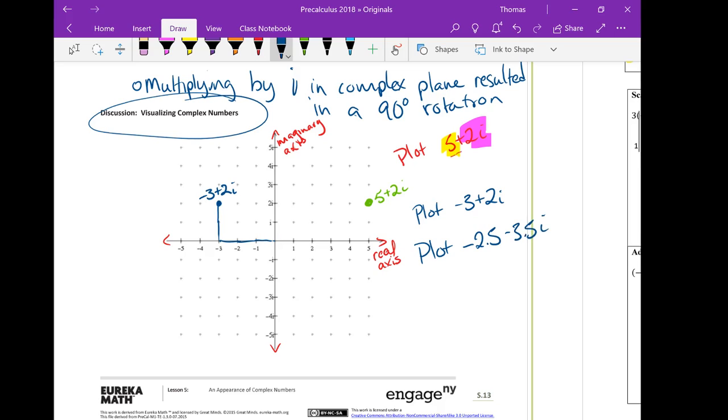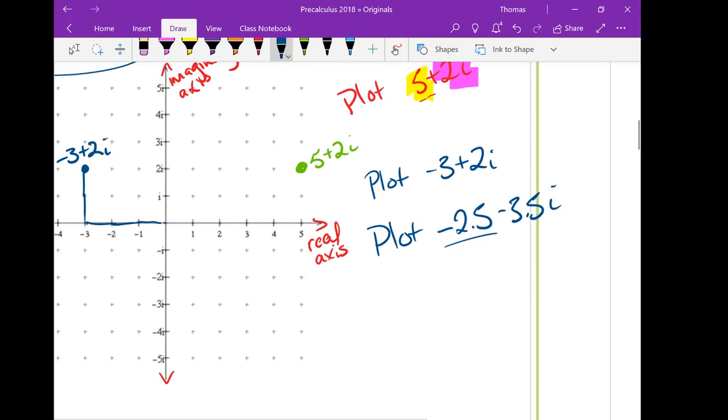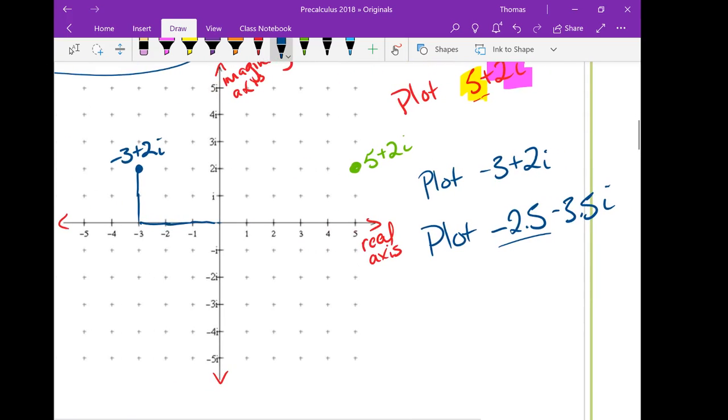So I'm going to go to my real axis first. Real part is negative 2.5. So start at 0, negative 1, negative 2.5, right about there. And then I'm going to go down 3.5 on my imaginary axis. Down 1, down 2, down 3.5. So maybe we're right about there. And I'm just making those marks along the way to help me sketch out my path.